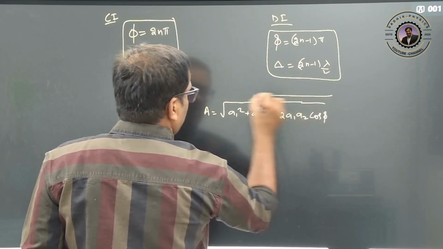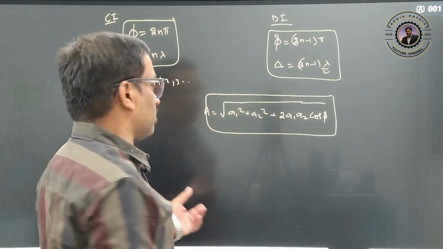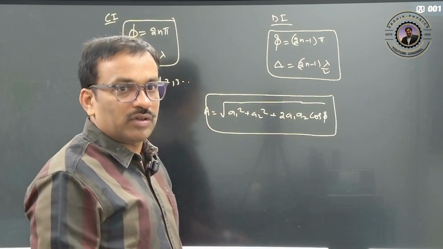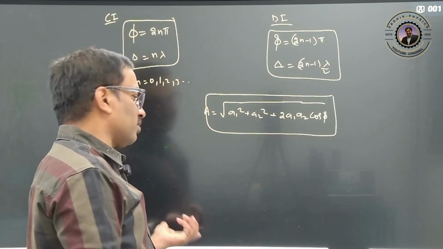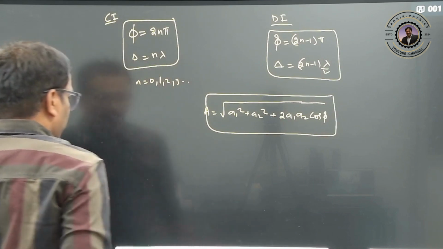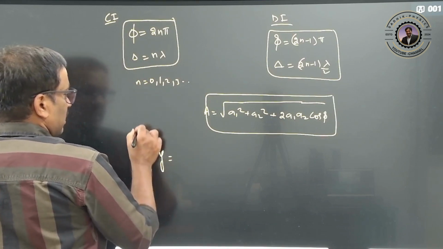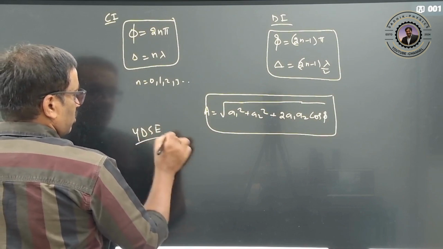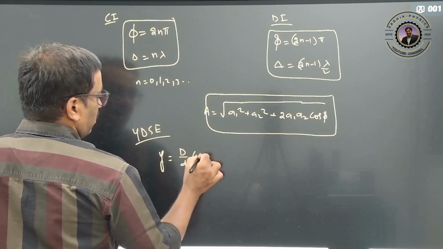I strongly suggest you go through the interference and YDSE theory, then come back to this, then only you can understand very clearly. Otherwise it is very difficult to understand this. In the YDSE experiment, the position of the fringes can be written as D by d into delta.